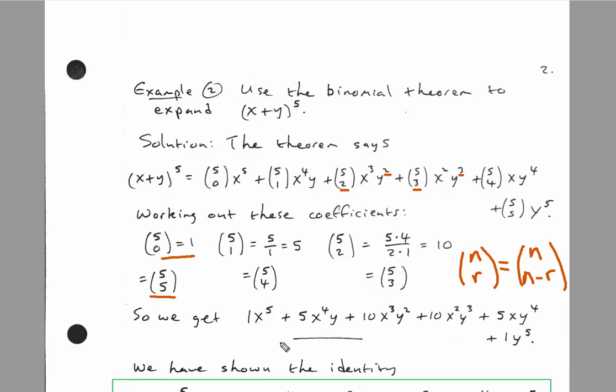Okay, so this gives us 1 here, 5, 10, and then symmetrically 10, 5, and 1. Alright, so this is the expansion we were looking for, x plus y to the power of 5.